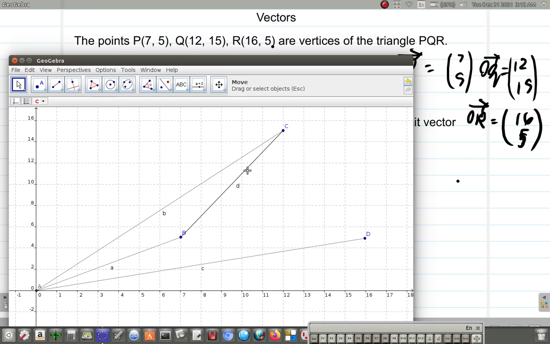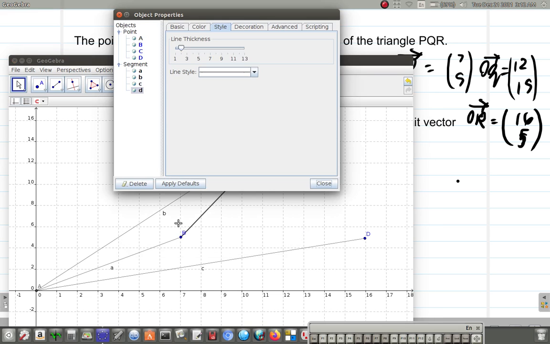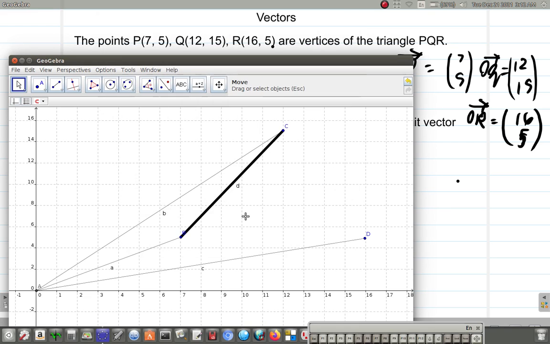And we're going to have our lines thicker. So this is from P to Q, right? So we're going from P to Q here.